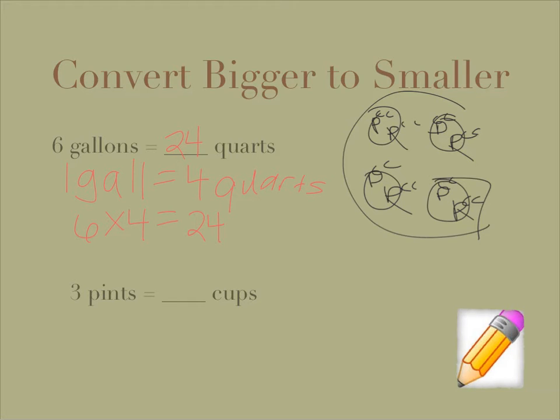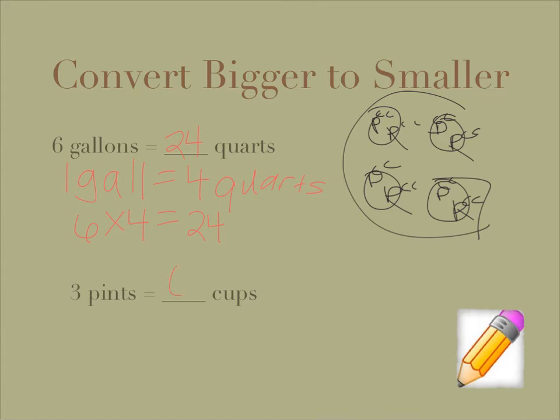3 pints into how many cups? So I can see here that on my drawing of King G, 1 pint has 2 cups. So if I have 3 of those pints, let's see, I have 1, 2, 3. Let's count how many cups I will need. 1, 2, 3, 4, 5, 6.